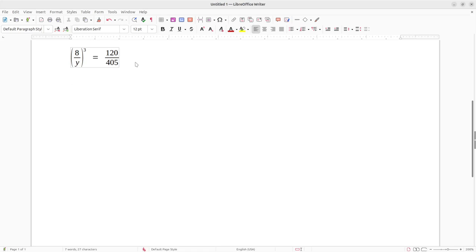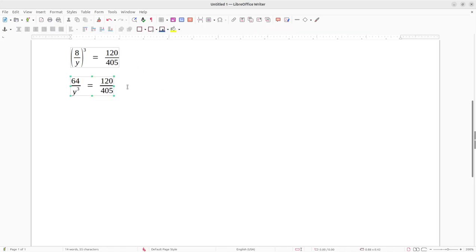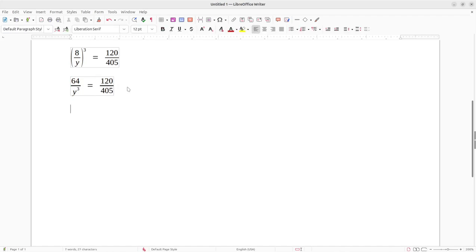Your 8 cubed is 64 over y cubed, and this should be equal to 120 divided by 405. Nice one. Then from there, let's do the proper manipulation. Cross multiplying gives us 64 times 405 is equal to 120 y cubed.